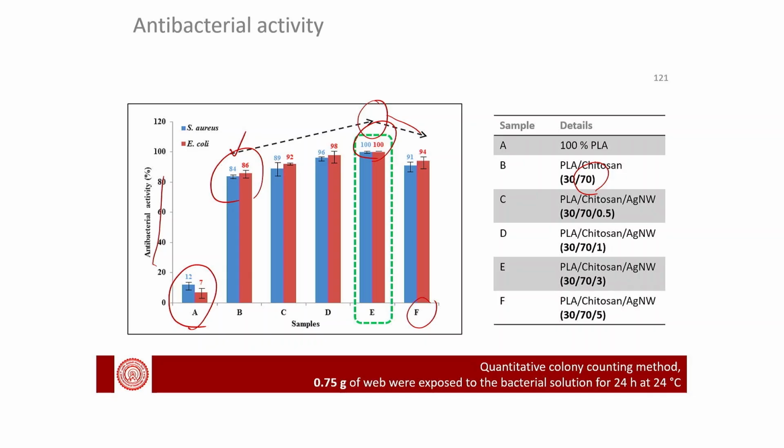And then when we add silver nanowire at 0.5%, that enhances the antibacterial activity from 85% to around 90%. Then we further increased to 1% of silver nanowire, and we found it has further increased to 96 to 98, that means around 97%.